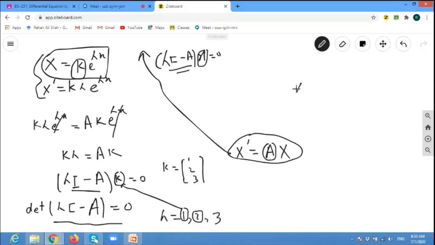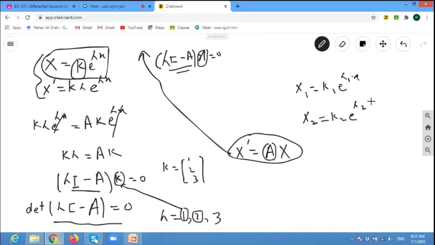So what is x1 actually? x1 is k1 e power lambda 1x. What is x2? That will be k2 e power lambda 2x.